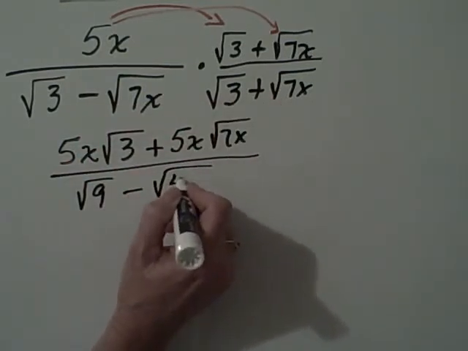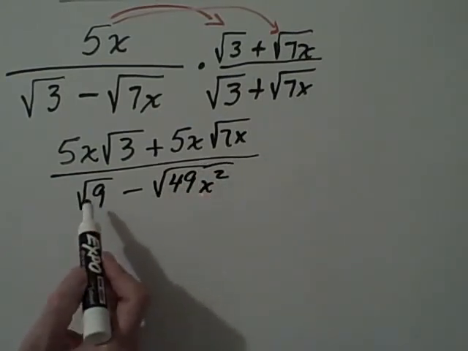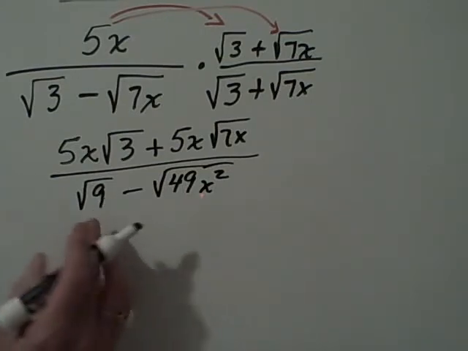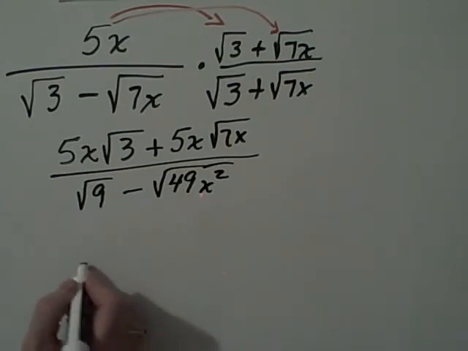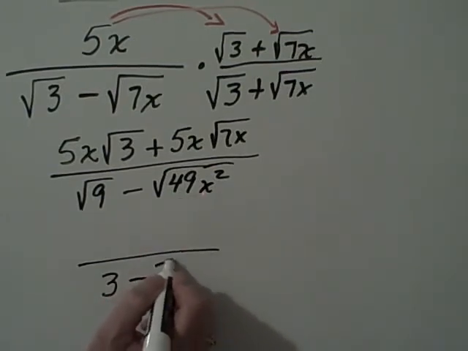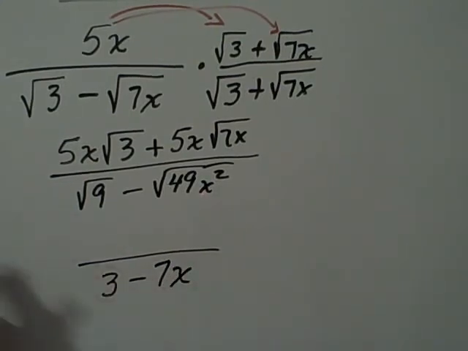That's going to give us the square root of 49, x squared. Notice we could have actually almost skipped this step, because by now you should realize that the square root of 9 is 3, and the square root of 49 is 7. The square root of x squared is x. So our denominator has been rationalized.